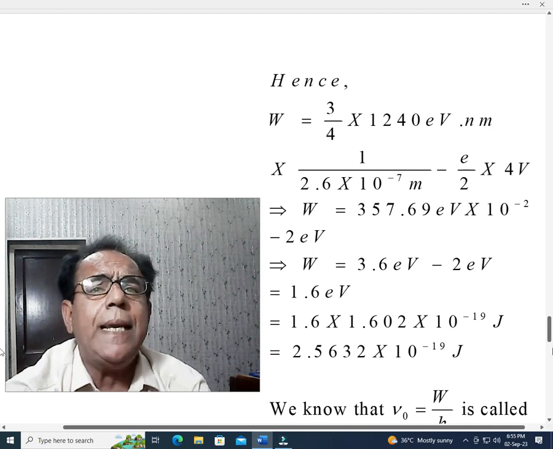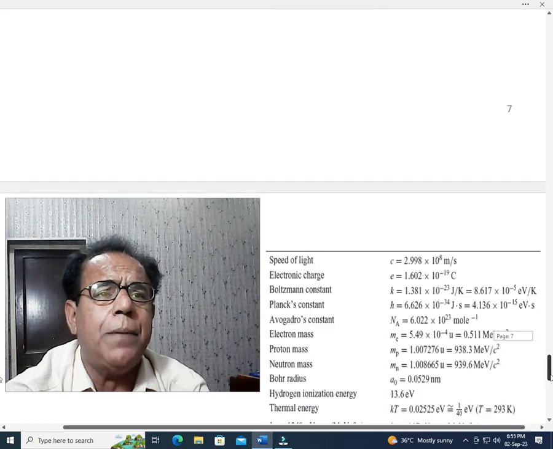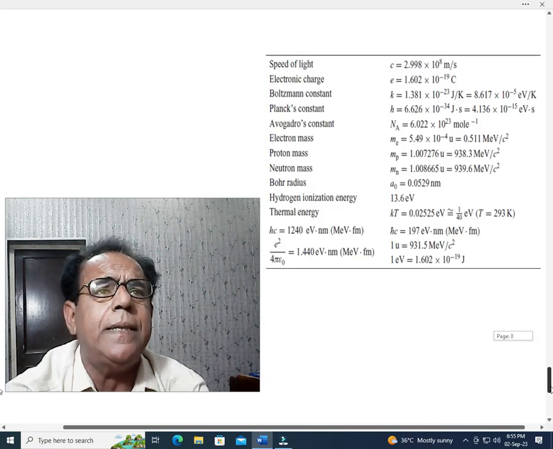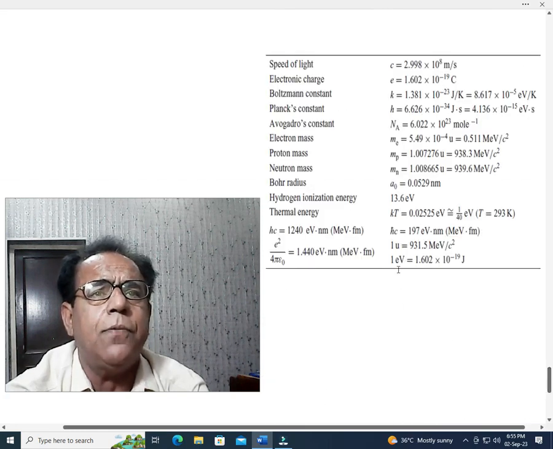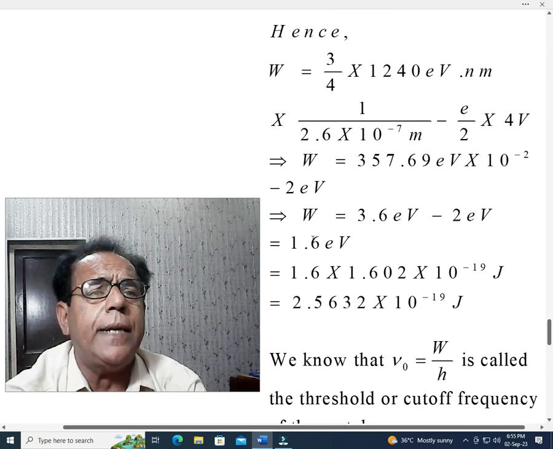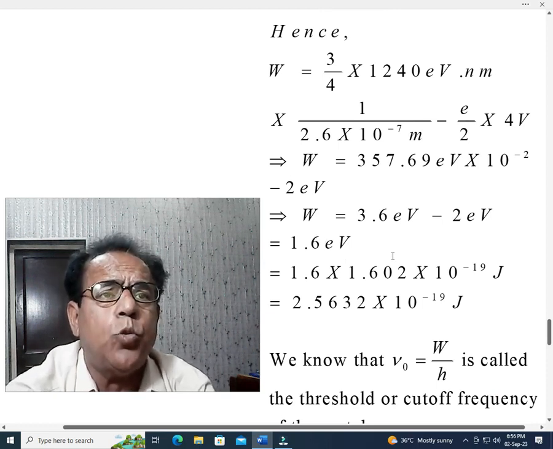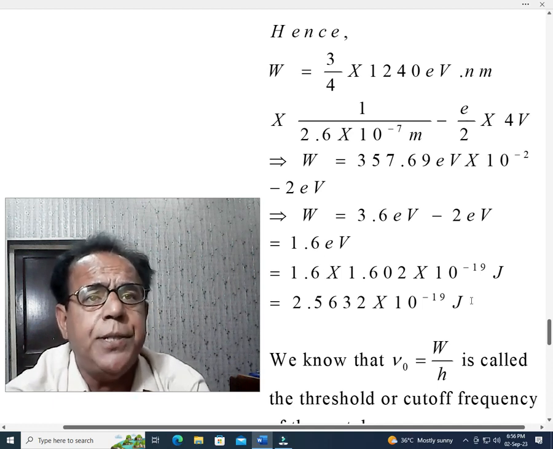However, there is also a conversion factor in this table, that 1 electron volt is equal to so many joule. So we can also convert it in joule, because when 1 electron volt is equal to so many joule, then so many electron volt will be equal to this into this joule.